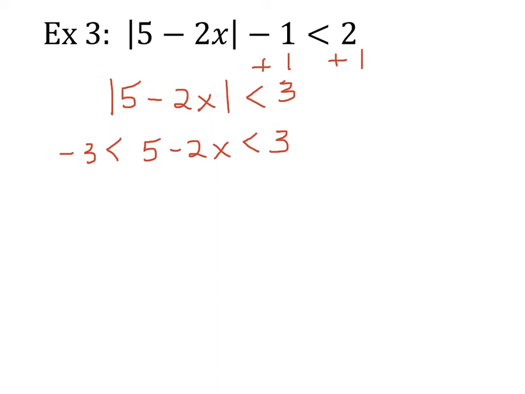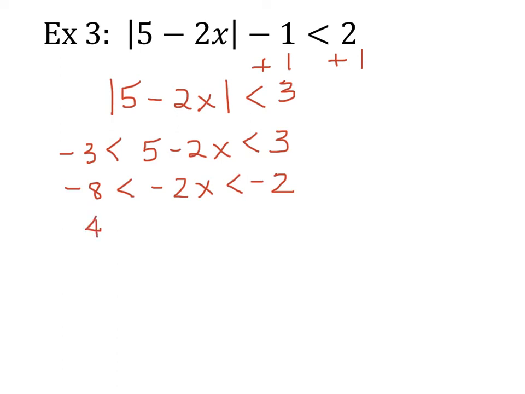And we need to get the negative 2x alone, so we will subtract 5 everywhere. Just like that. And then we're going to divide by -2. And remember, dividing by negatives changes signs of numbers and direction of inequalities.